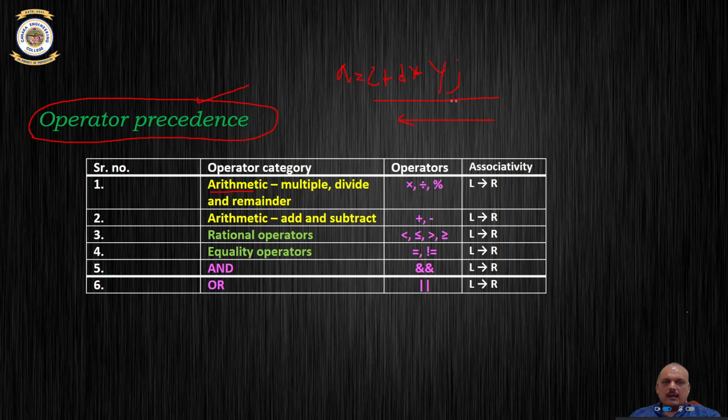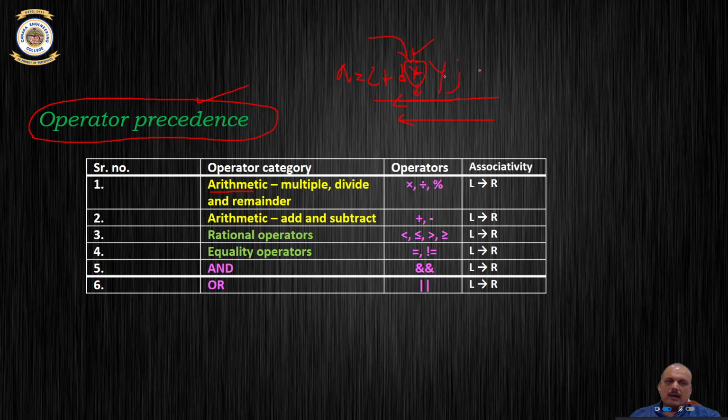Here the multiplication is performed first, because one way to look at it is the compiler starts executing from left to right, so multiplication comes up first. The other thing is that multiplication has a higher precedence, so the compiler takes it up first, performs it, and then goes from left to right.